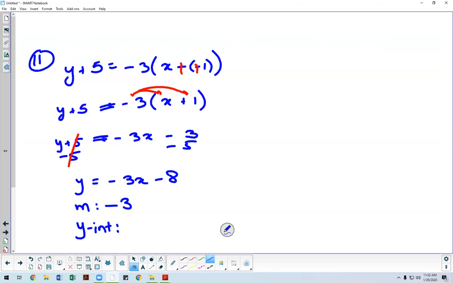And y-intercept has got to be the other number, the one that is the constant. And remember, you always write x and y intercepts as ordered pairs. So x is always 0, and y is negative 8 for the y-intercept. So in that same sense, you should be able to identify the slope and the y-intercept for number 10 as well.